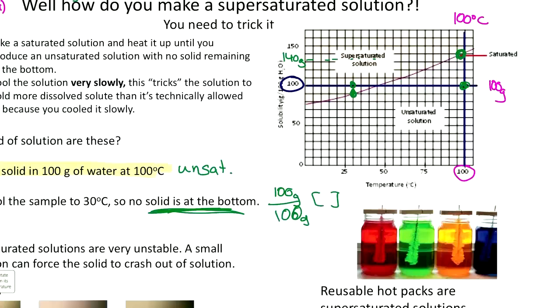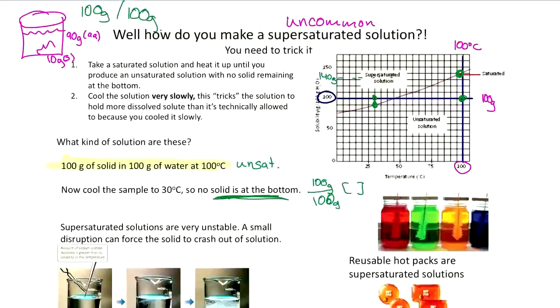You have to change the solubility, the size of water's bucket really, really slowly, and trick water, essentially not allow any solid particles to precipitate out. You do that by cooling the solution very, very slowly, so no solid crystallizes. And then you have a supersaturated solution for a little bit of time, right?